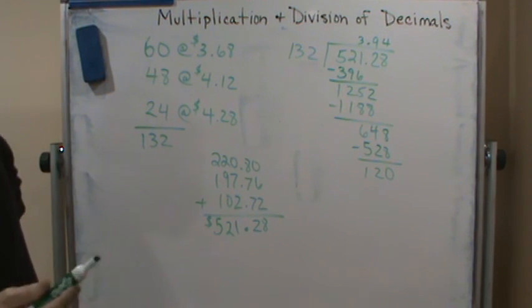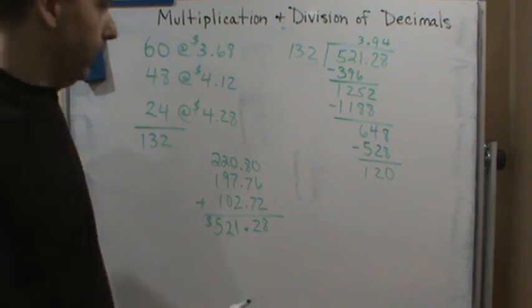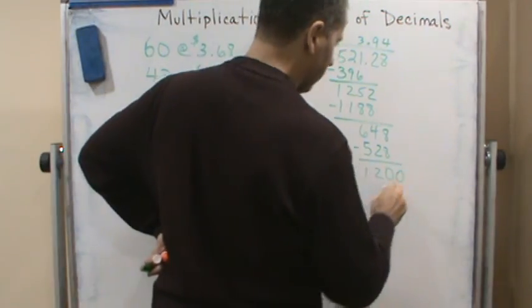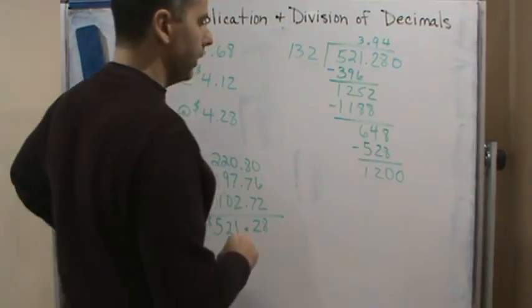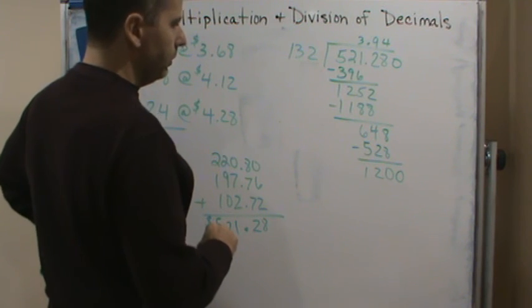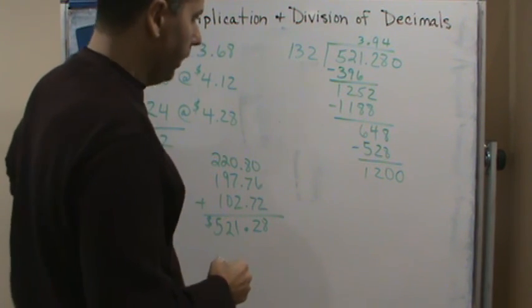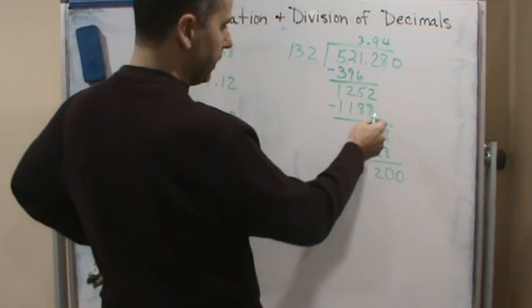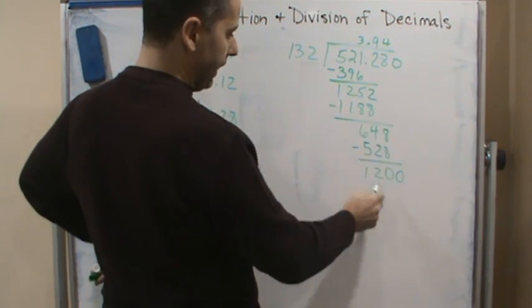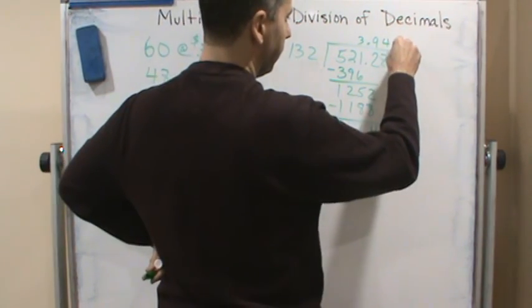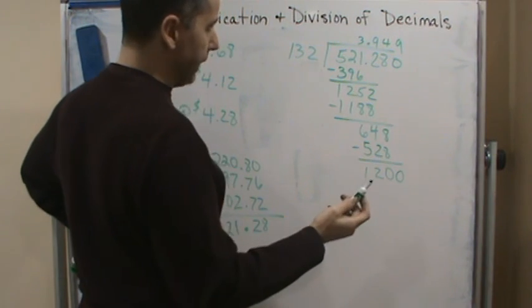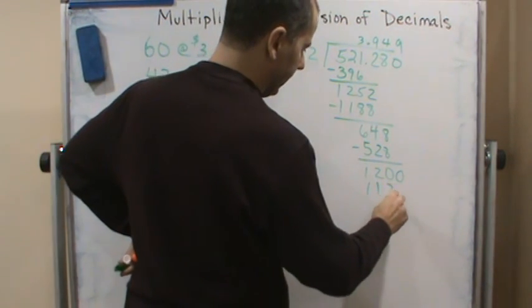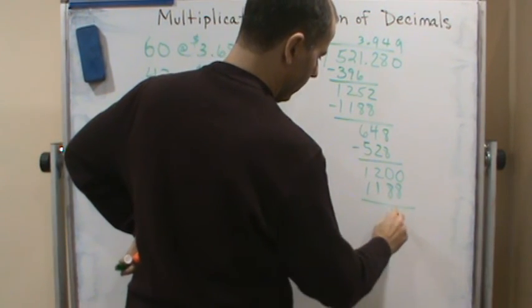So we're going to round to the nearest penny, so I'm going to go out one more. I'm going to drop the 0 because I'm at the end here. Now, I know it's going to be 9 again because I already got 9 here, 1188. This is 1200. So I'm going to put a 9 here. So this is 1188, which is going to give me 12.